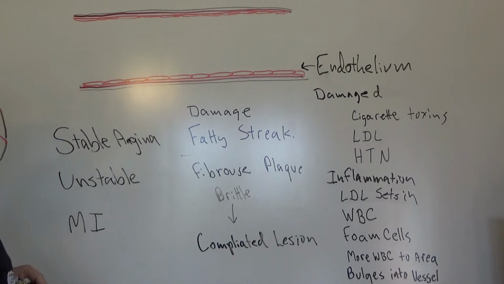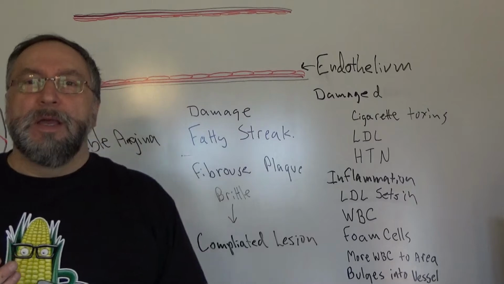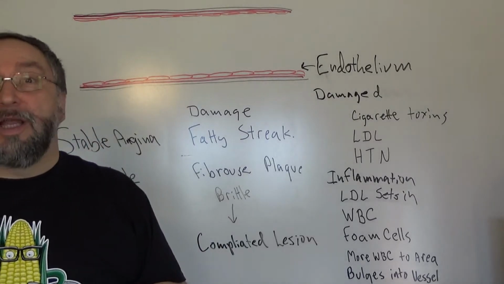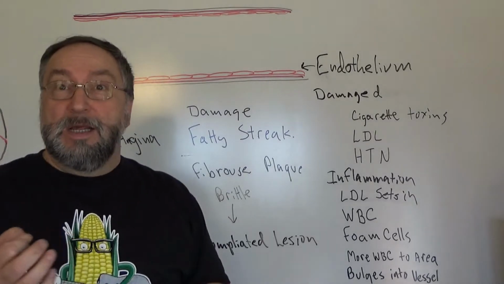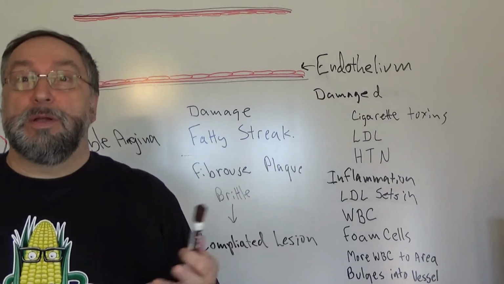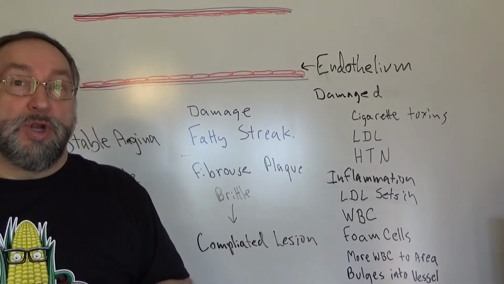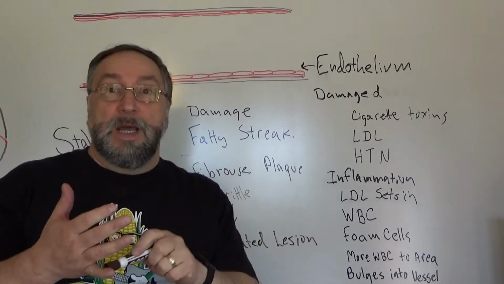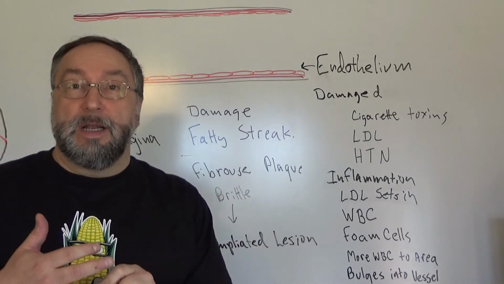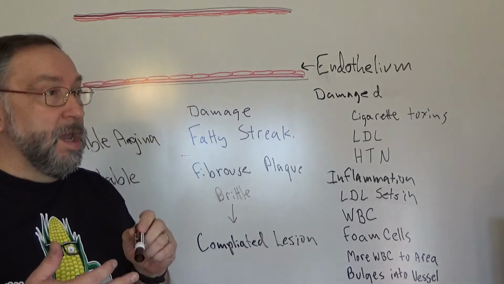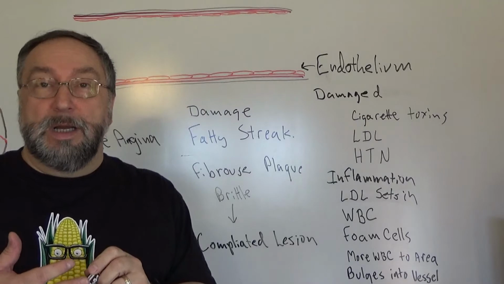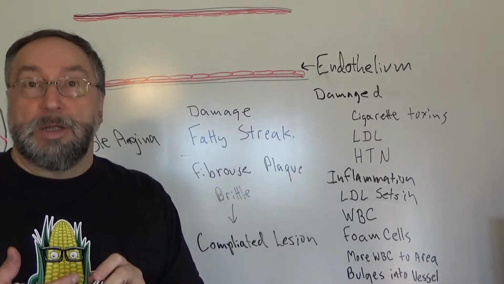In coronary artery disease, some of the cells in the inner lining get damaged. It takes some kind of irritant, something that's hard on the cells, to do that. Cigarette toxins can damage the endothelial cells. Low density lipoproteins can, and just high blood pressure.